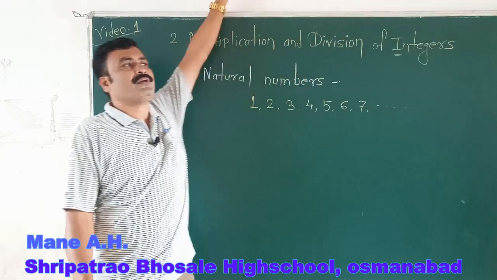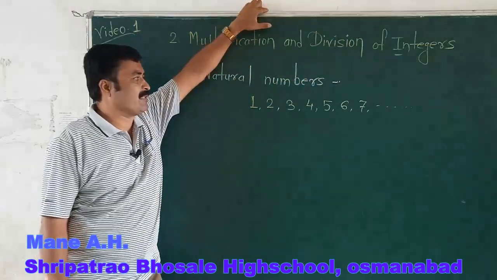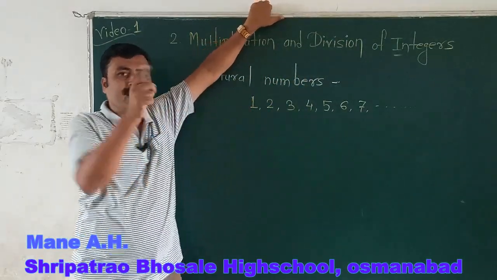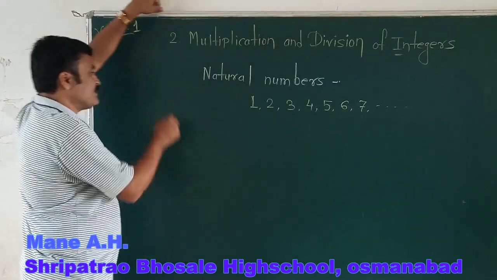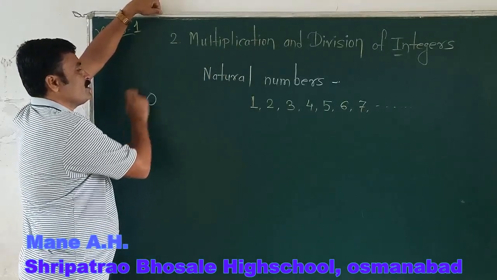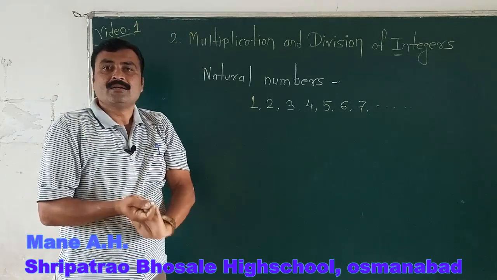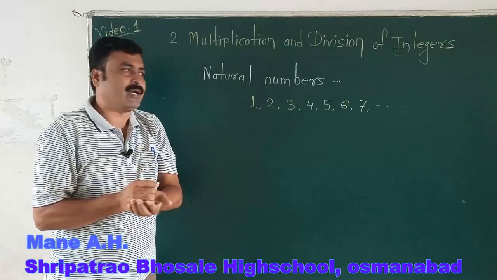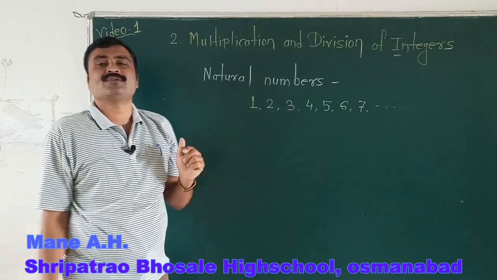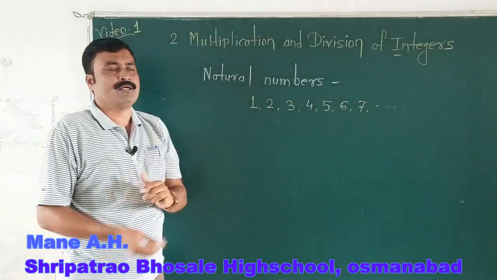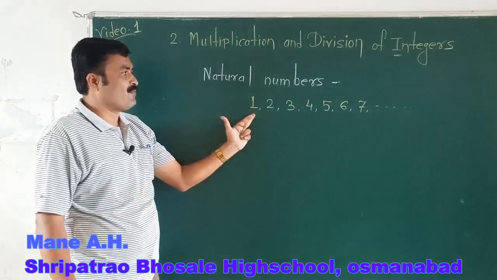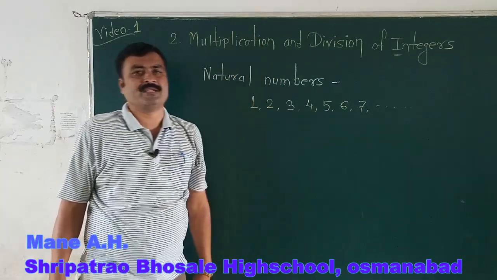Now the first number that we use in our mathematics before 1 is 0. This 0 is not a natural number, it is not naturally made, so it cannot be included in the group of natural numbers. So the natural numbers start from 1 and proceed.